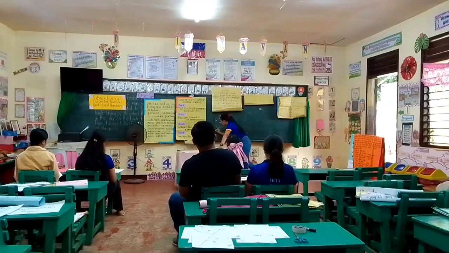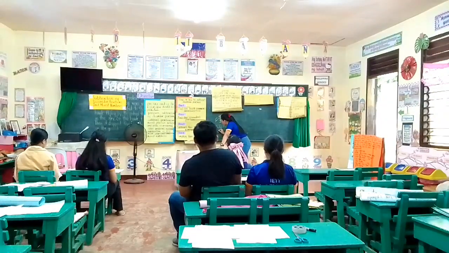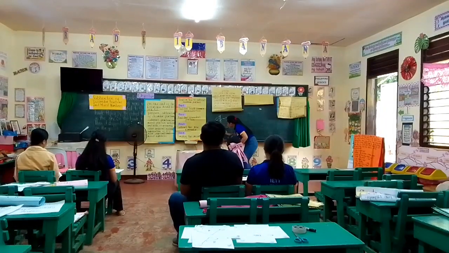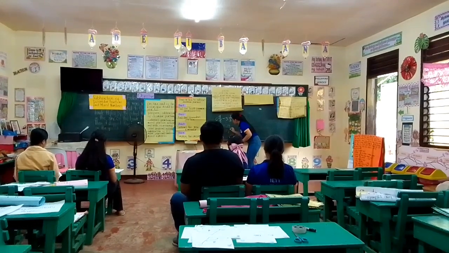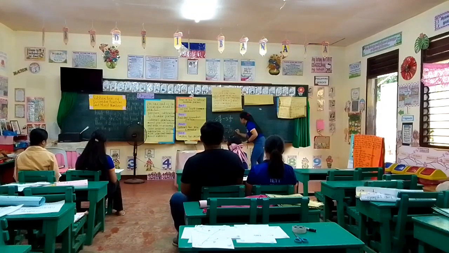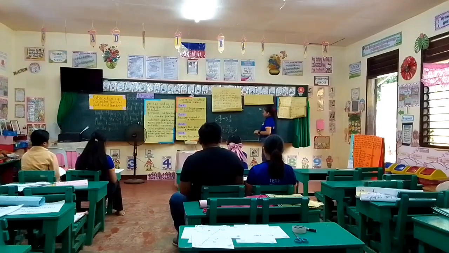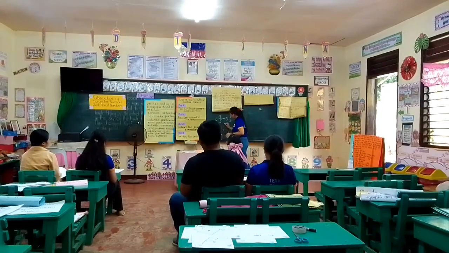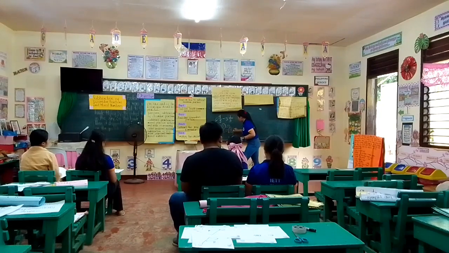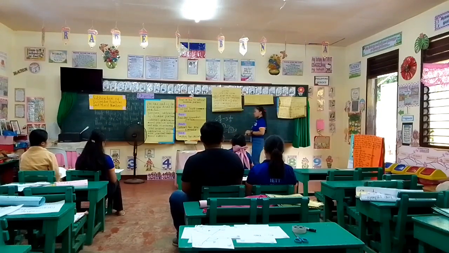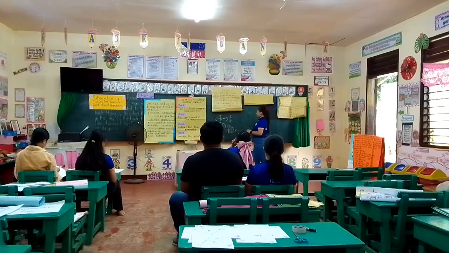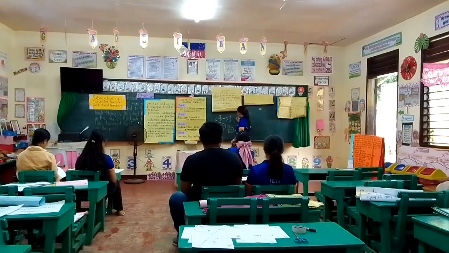Then the next is 3. 3 times 1 equals 3, 3 times 2 equals 6, 3 times 3 equals 9, 3 times 4 equals 12, 3 times 5 equals 15, 3 times 6 equals 18. So from these factors, we come up that they have the same factor, which is 15. So we have now the new denominator, which is 15.